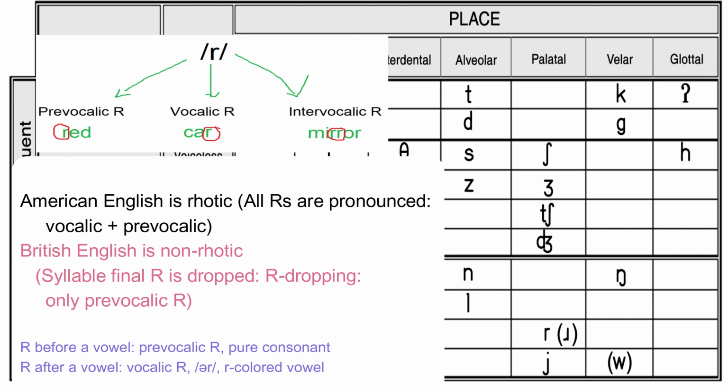Just like the situation with the light L and the dark L, the prevocalic R is a pure consonant sound, but the vocalic R has a vowel sound, schwa, embedded in it. The vocalic R is the cause of the R-colored vowel, which we examined in the chapter on vowels. Due to the R dropping, British English has only prevocalic R.